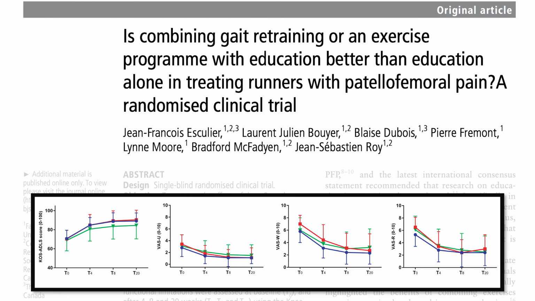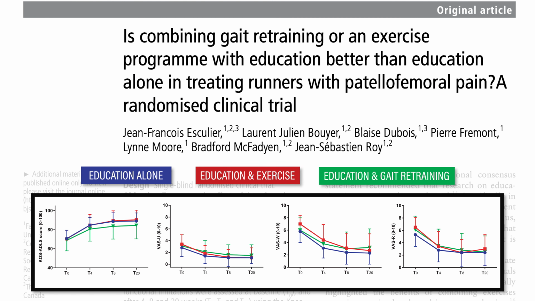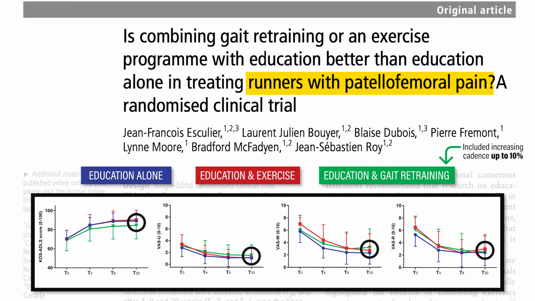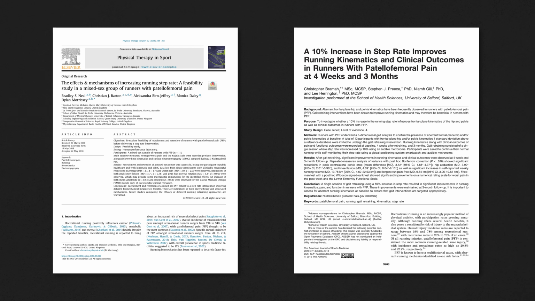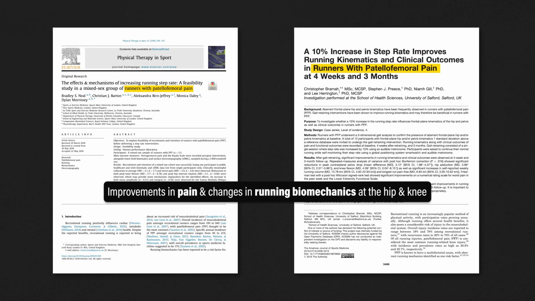A randomized trial comparing education alone, education and exercise, and education and gait retraining, including but not limited to an increase in running cadence up to 10%, showed no differences between treatments in runners with patellofemoral pain. 2 case series studies on runners with patellofemoral pain showed improvements in pain and changes in running biomechanics at the hip and knee with an increase in running cadence that ranged from 7.5% to 10%.